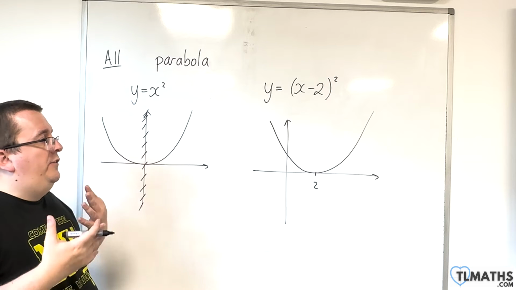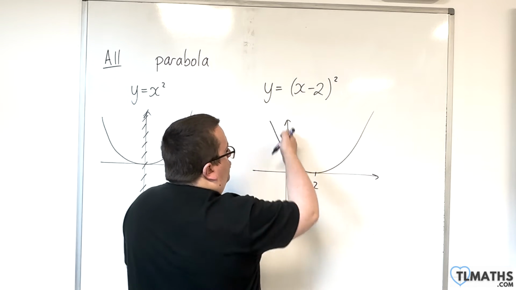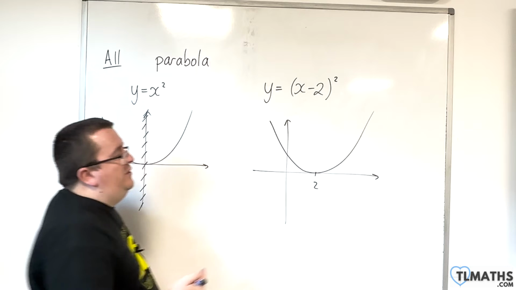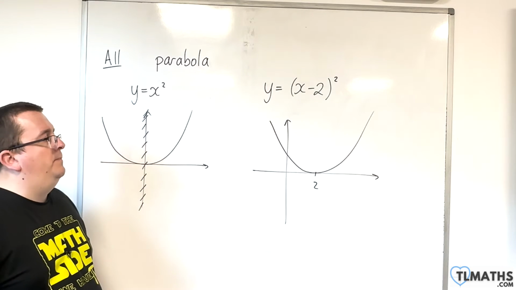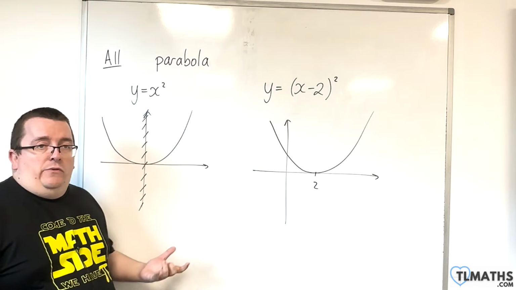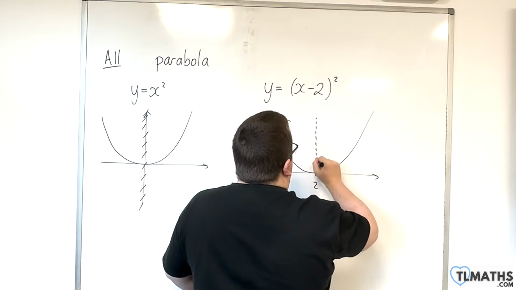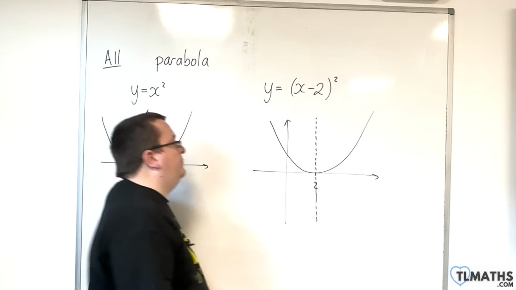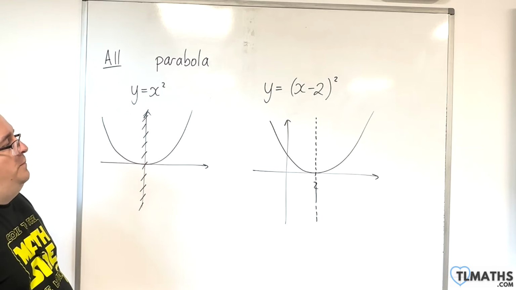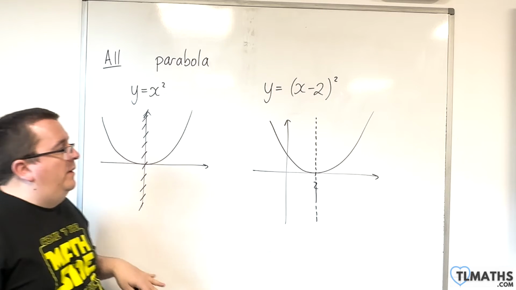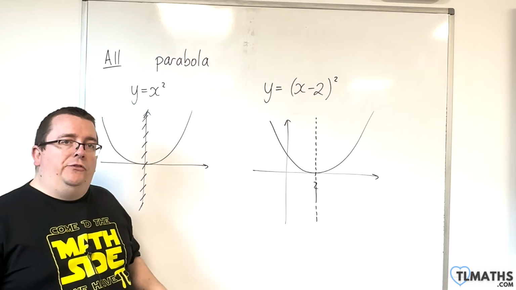But you can see that it's not symmetric about the y-axis. The y-axis is no longer a line of symmetry. But the line of symmetry is still there. So this time, the line of symmetry is here.